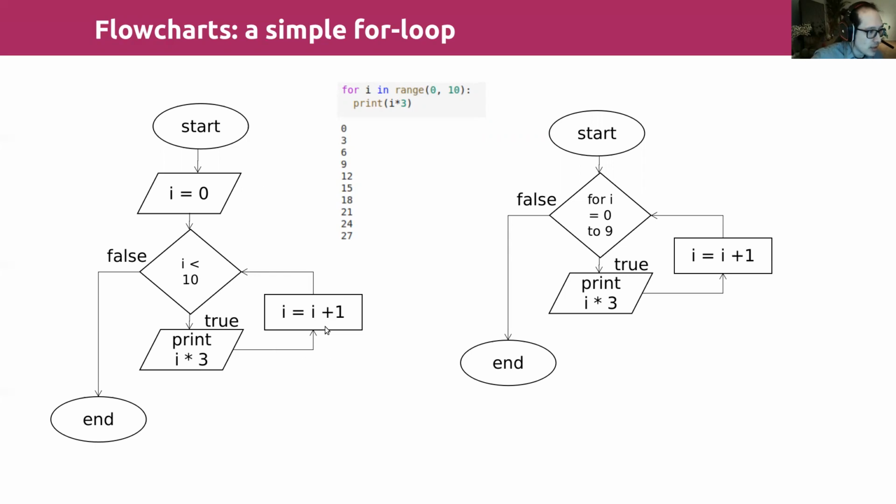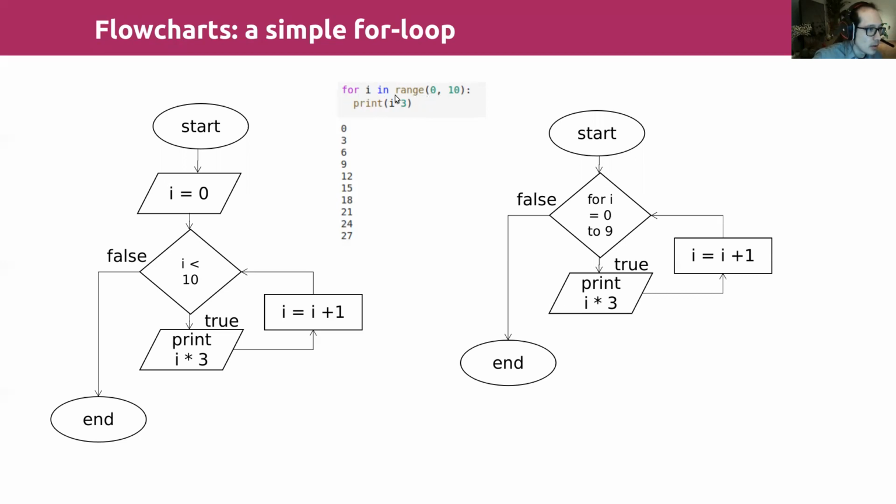And in for loops, this i equals i plus 1, this incrementation of the iterate, is implicit. So here we say for i in range 0 to 10, print i times 3. Here we don't have this operation i equals i plus 1. It's included basically in the syntax here.